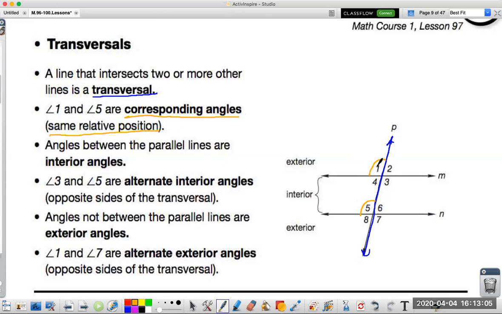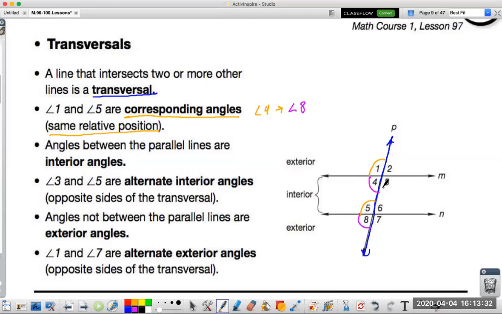As a matter of fact, angle 4 is corresponding to what other angle? You can see angle 4 corresponds to angle 8.